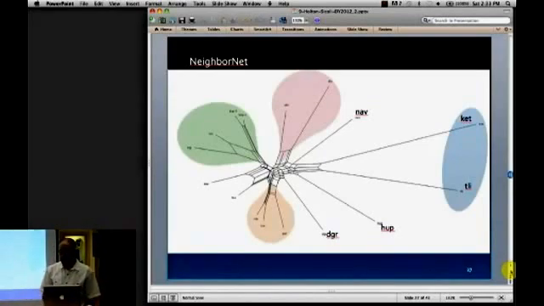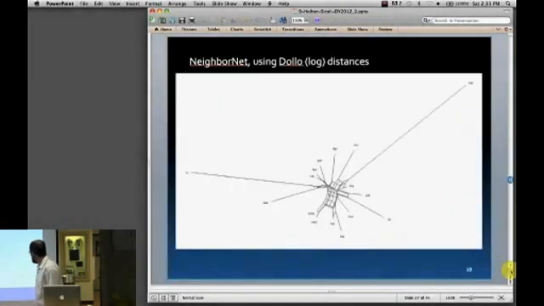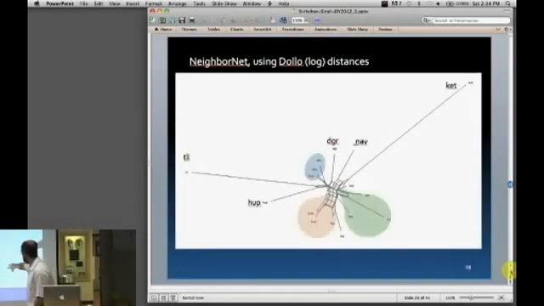So we also looked at this using a different sort of distance method known as Dalo distances, essentially a logarithmic approach, and we get a somewhat different result here, where you see some of the similar groupings that we had before, but Tlingit and Ket then separated quite far.